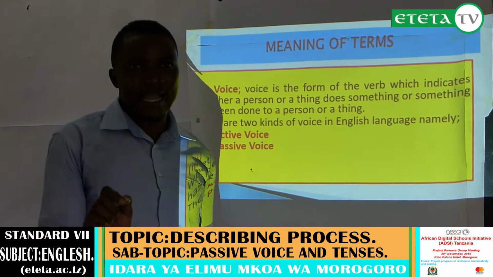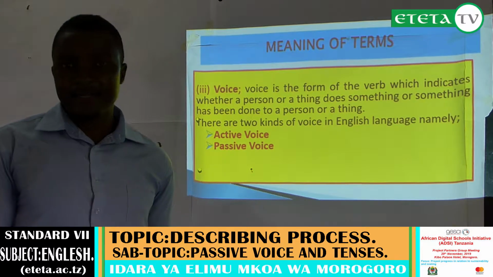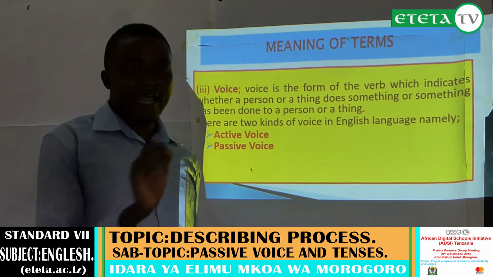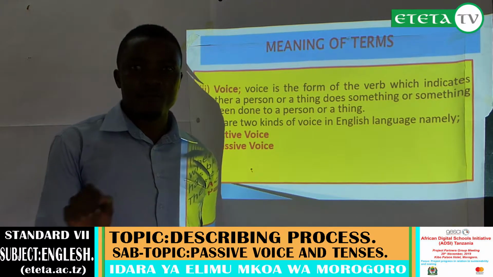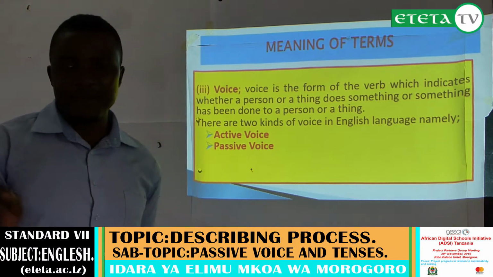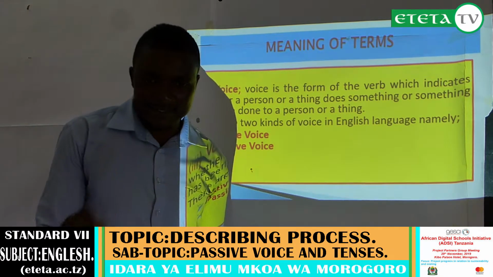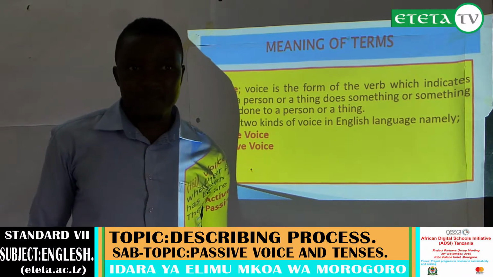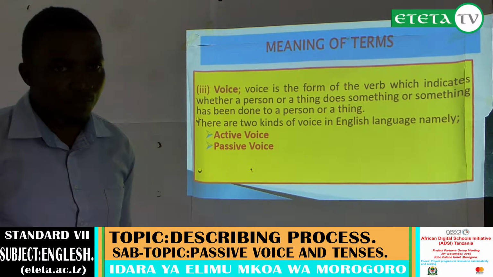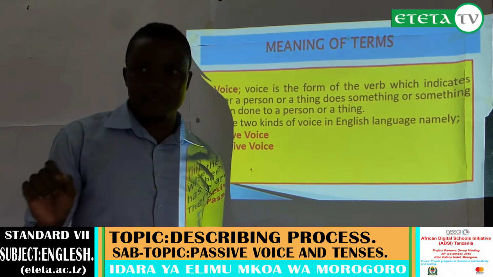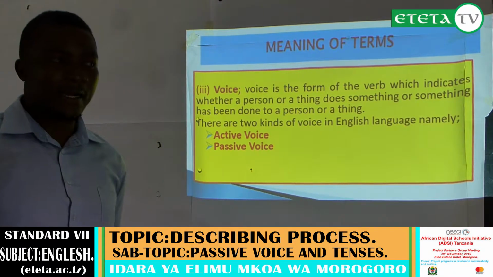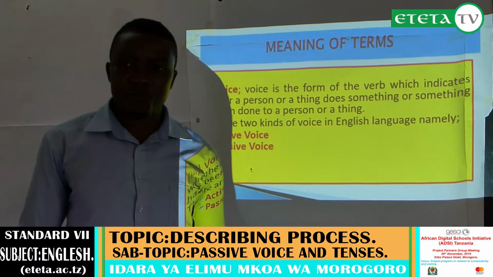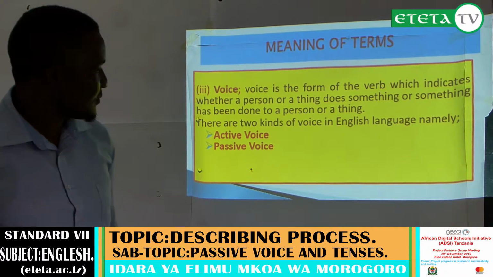And this voice appears in different forms. There is a time when the verb form indicates that someone performs the action to someone else. But there is a time when the verb form indicates that the action has been done to a person or to a particular thing.